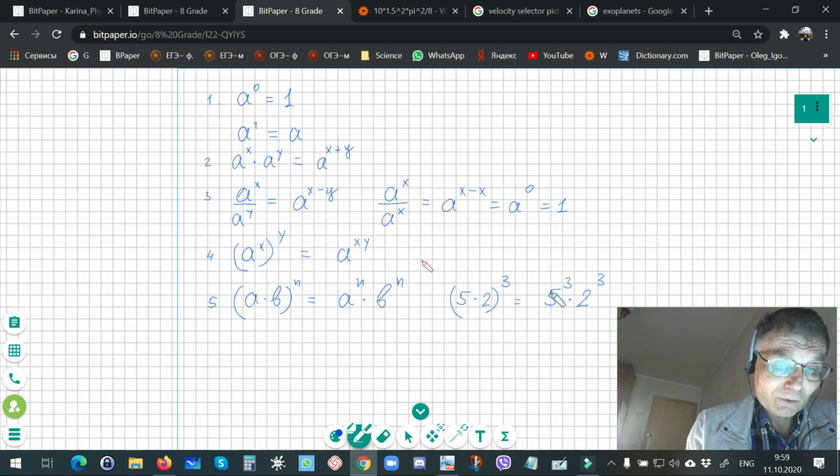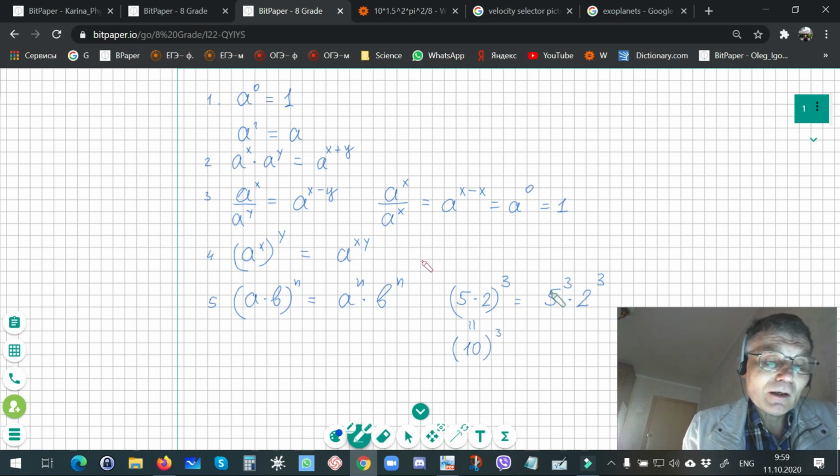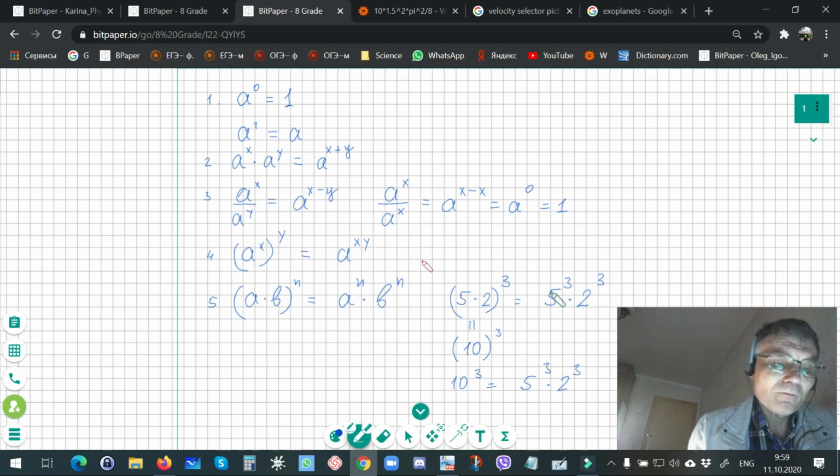But on the other hand, I can perform the multiplication in the parentheses and get 10 to the power of 3. So actually, it's a kind of factorization: 10 to the power of 3 equals 5 to the power of 3 multiplied by 2 to the power of 3.